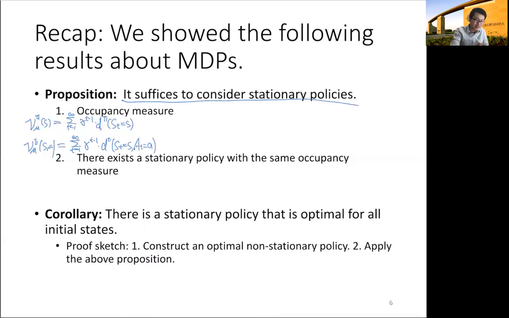So what does it say? These d pi are the marginal distributions under the policy pi that at time t you are observing state S. Similarly, d pi of S, A is the marginal distribution that you observe SA pairs at time t. Now I'm summing them up, but with a discounting factor in front.